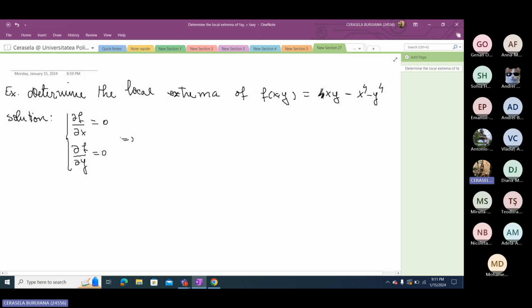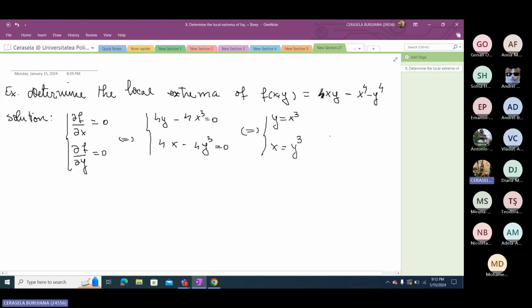That will be equivalent to the fact that 4y minus 4x power 3 equals 0, and the other one, the derivative in function of y, that's 4x minus 4y power 3 equals 0. Okay, the first idea that comes to our mind is to divide both equations by 4, and I get y equals x power 3, and also I see that x equals y power 3.